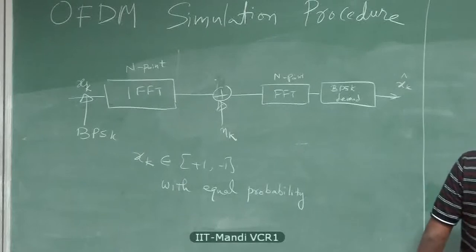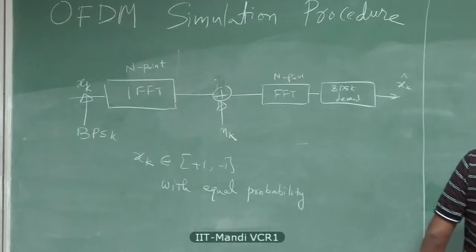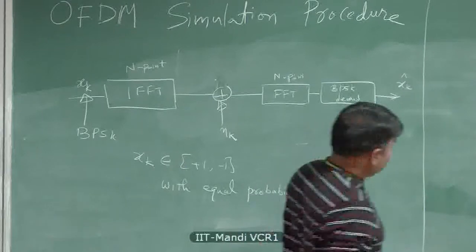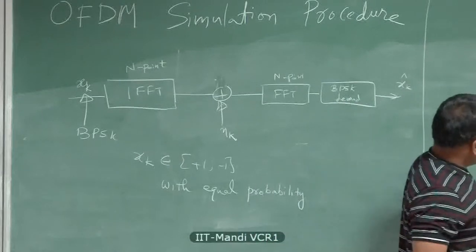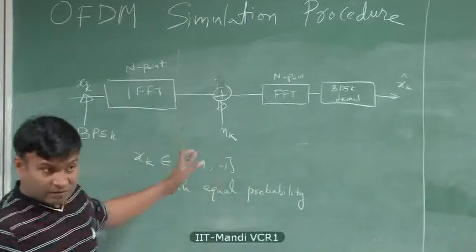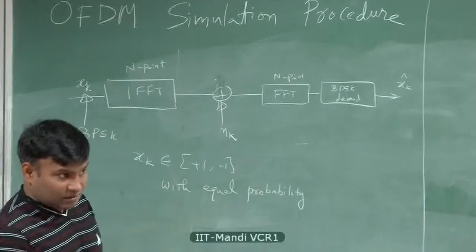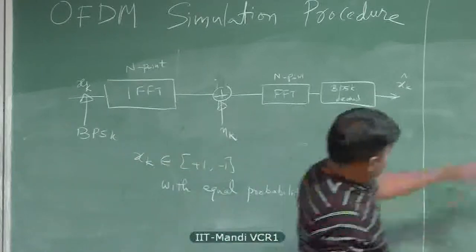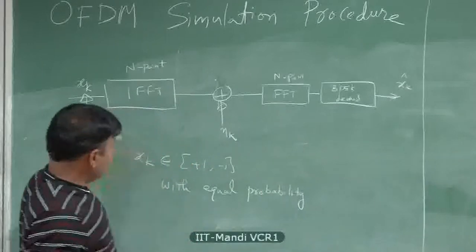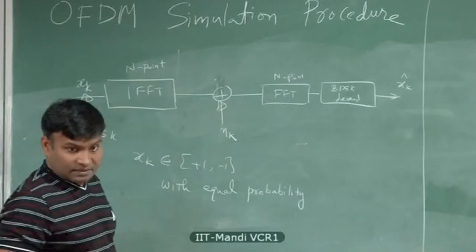T_OFDM, T_CP. All these things will be specified. But everything can be abstracted back to this model, right? That we have discussed. We discussed at length how the whole thing can be boiled down to a discrete time implementation of this kind.